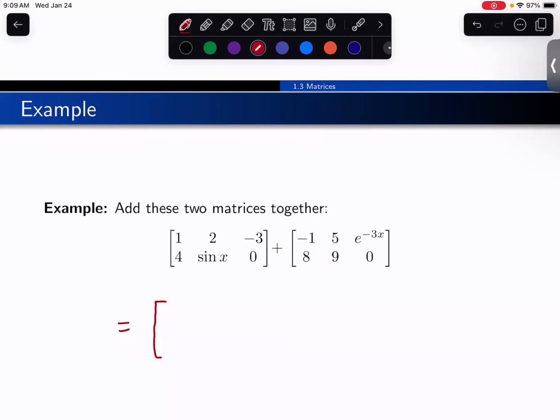So it's going to be 1 plus minus 1. That'll be the first entry. And then you do 2 plus 5 for entry 1, 2, so first row, second column. Then you have minus 3 plus e to the minus 3x.